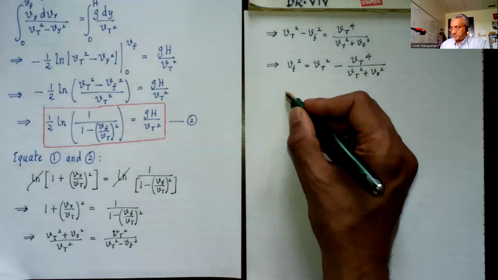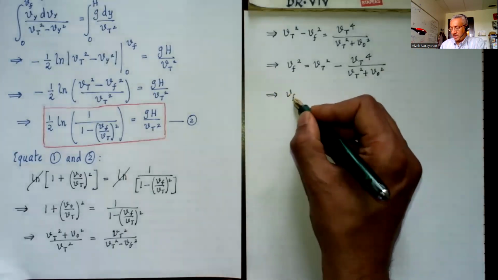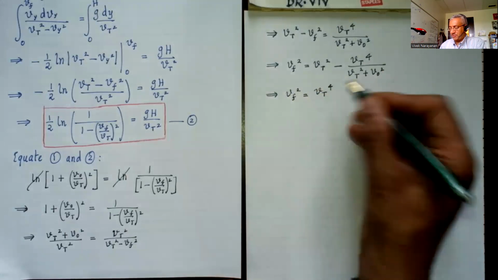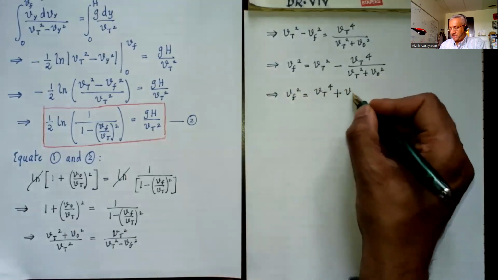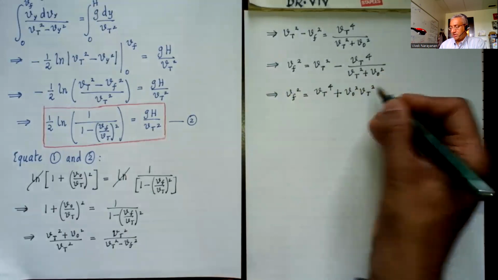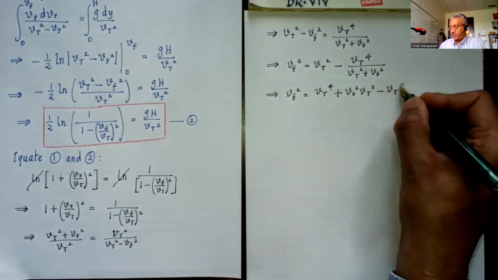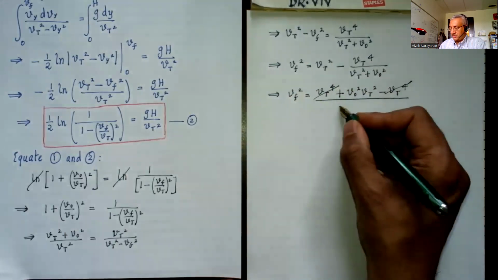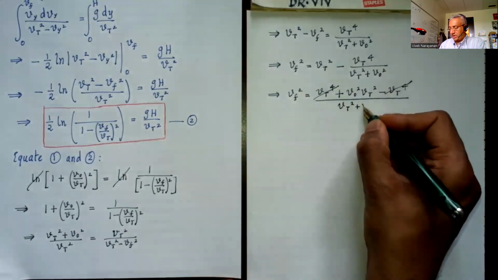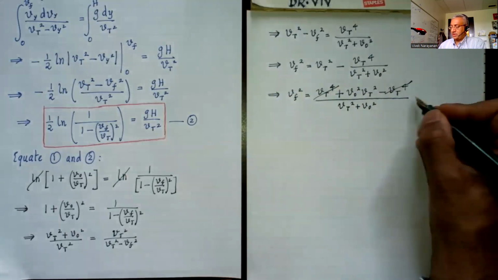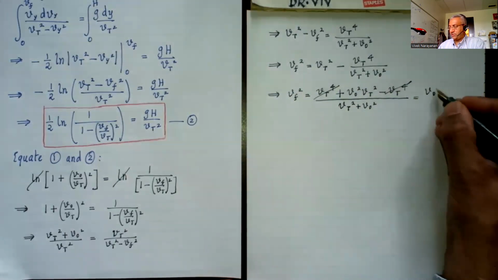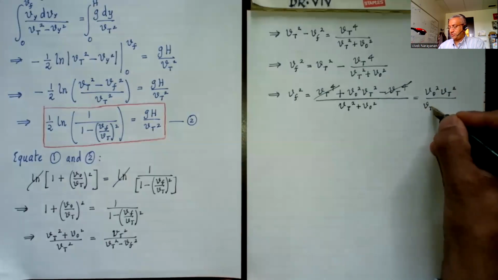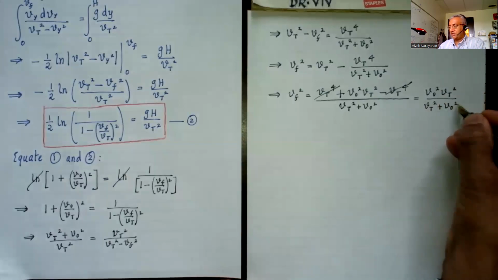And then vf squared is vt squared times vt squared, which is vt to the power 4, and then I have v naught squared vt squared minus vt to the power 4. You can see a cancellation happening there, over vt squared plus v naught squared. So that's going to be v naught squared vt squared over vt squared plus v naught squared.